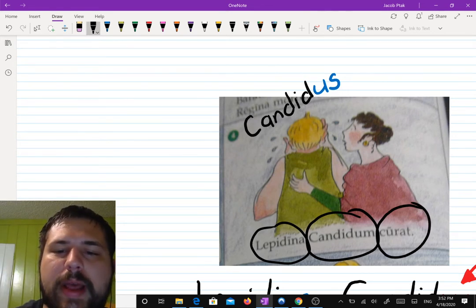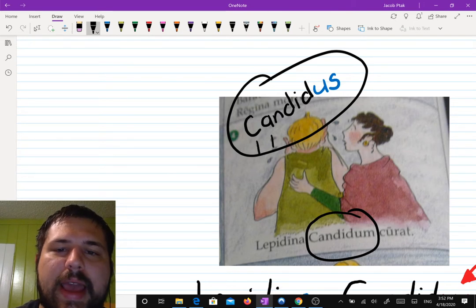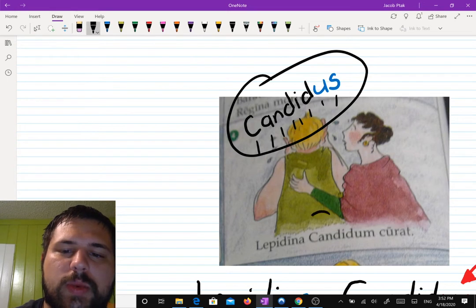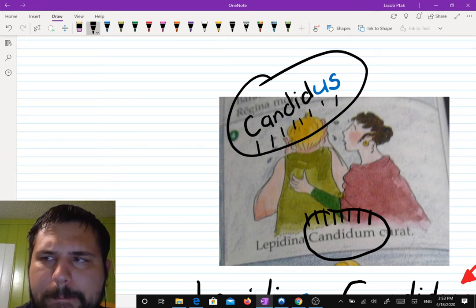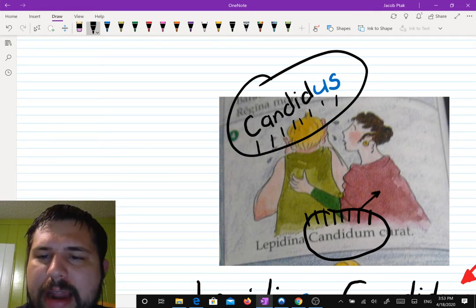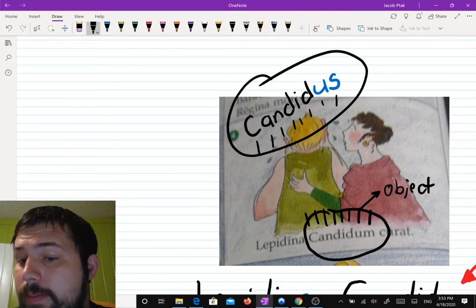Well, let's check the spelling very closely. The regular one, C-A-N-D-I-D-U-S. This one in the sentence, C-A-N-D-I-D-U-M. Remember how we said adding an M makes that word the object, usually?